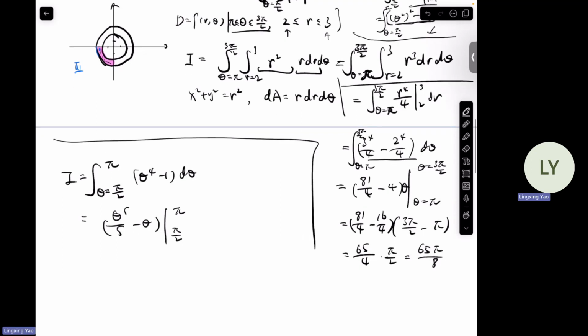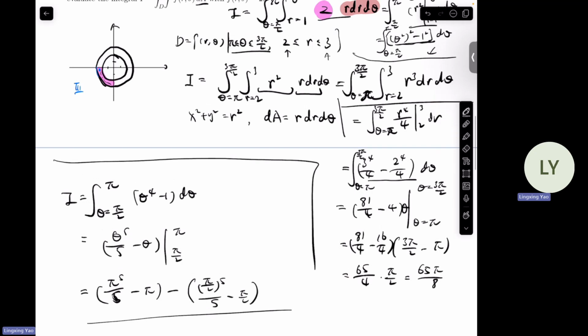So we get pi to the 5 over 5 minus pi, minus pi over 2 to the 5 over 5 minus pi over 2. And you can simplify, but this is essentially what we should have for this question. All right, let's stop here.